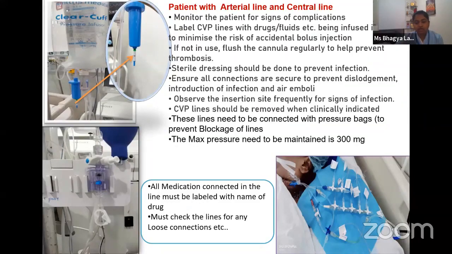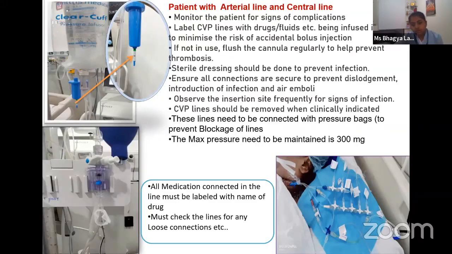Then open the stop lock very clearly, checking that the flow is going into the patient's blood system. All medication connected in the line must be labeled with the name of the drug, and you must check the lines for any loose connections. By seeing that, you can understand whether there is any loose connection, leakage, or backflow.